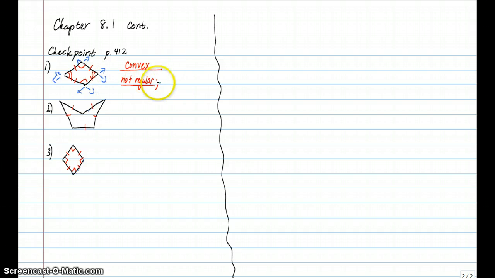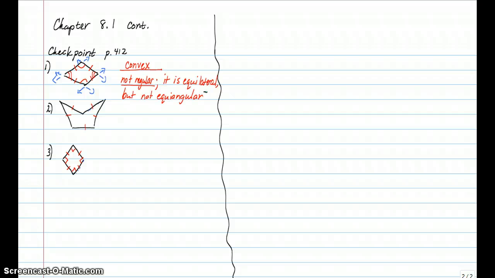So it's not regular because it is equilateral, but not equiangular. Has to be both to be regular.